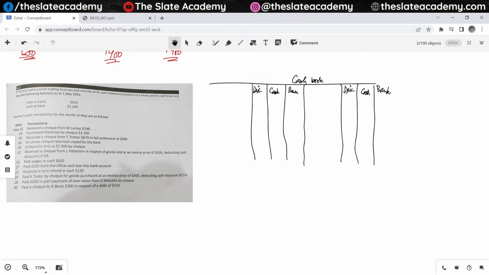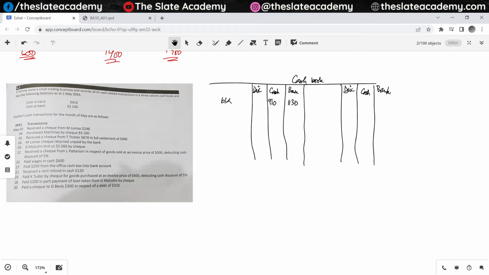Then we begin the question. The first thing it says is opening balances. So how much are opening balances? Opening balances are 910 and 1130. Okay, so brought down 910 and 1130.